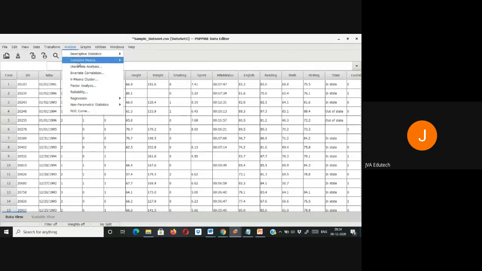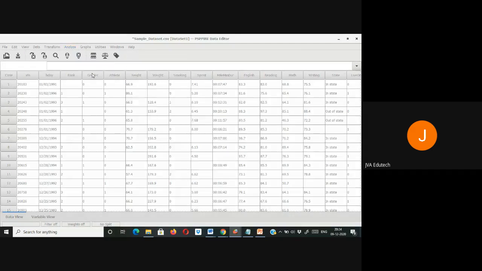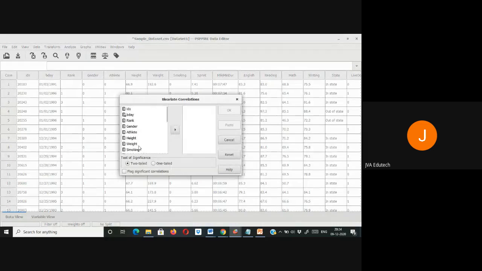Analyze. Go for bivariate correlation and take the two, height and weight. Now it's up to you whether you want to keep it one-tailed or two-tailed. If one-tailed, then that will be the hypothesis that I have told you.